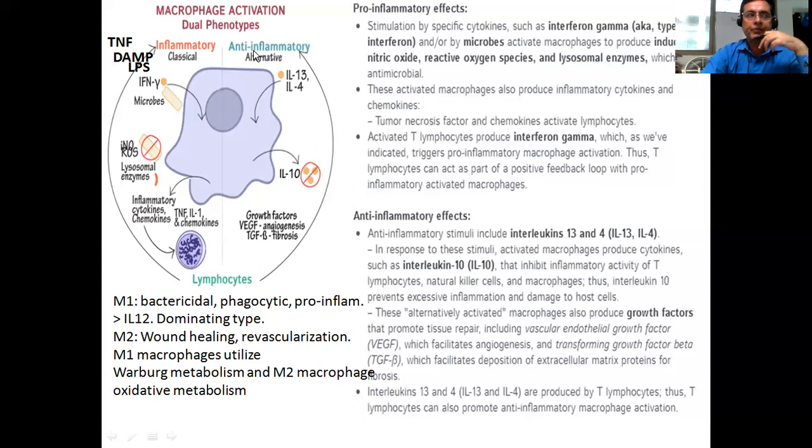So it's doing two contrasting things at the same time. Whether pro-inflammatory or anti-inflammatory depends upon the situation or the contact partners of the macrophages, how they come in contact with different things that can activate or switch them on differently.